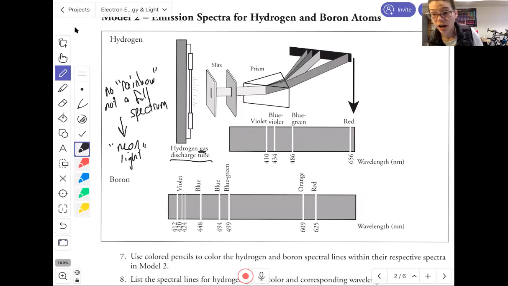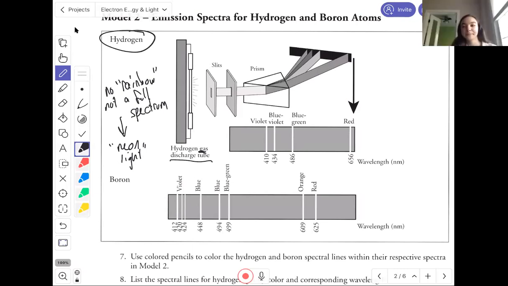lines of color. So hydrogen, I'm just going to ask up here to begin with. Hydrogen, how many electrons does hydrogen have? 1. All right, so it's got 1 electron.